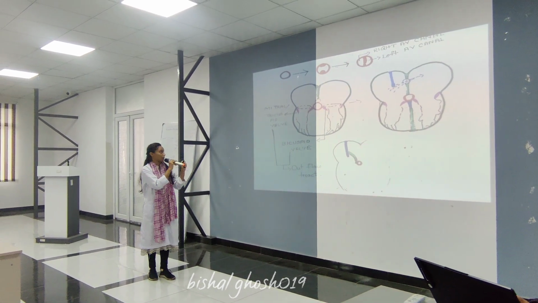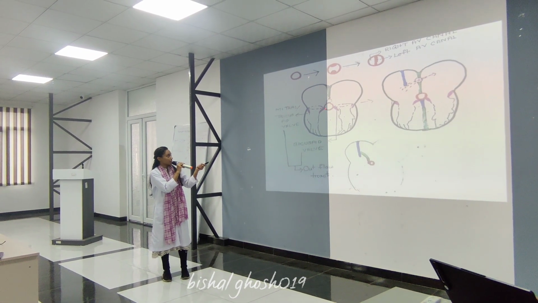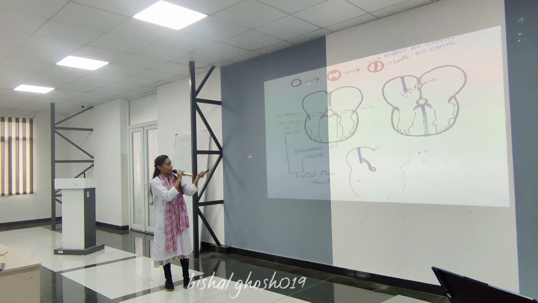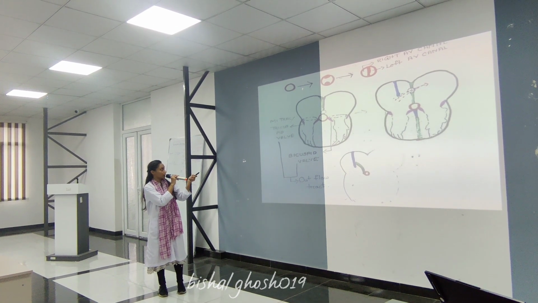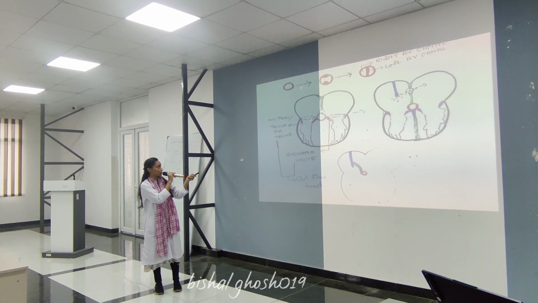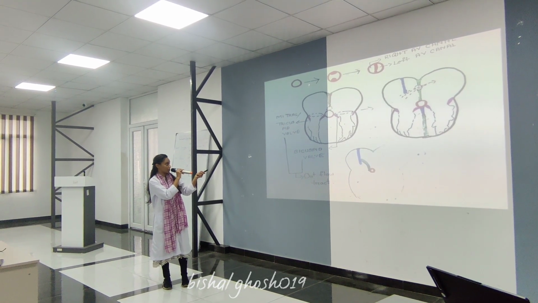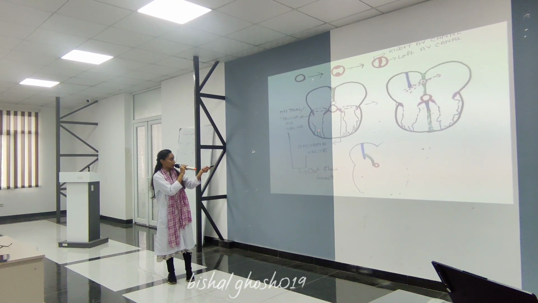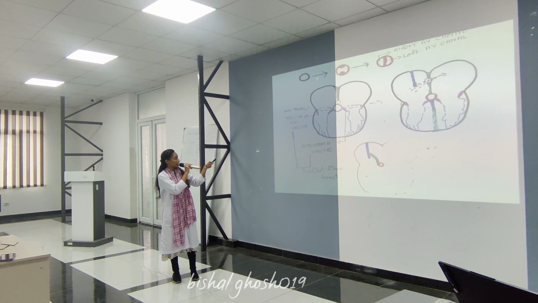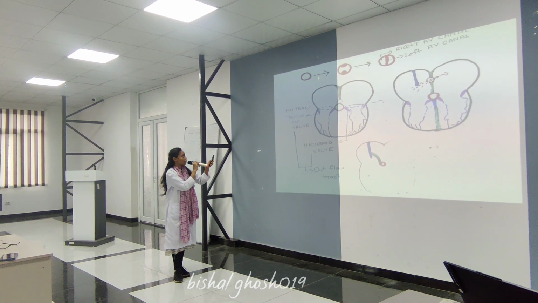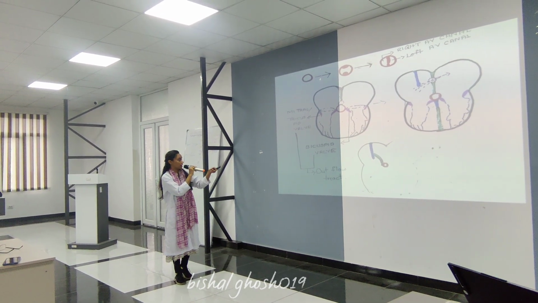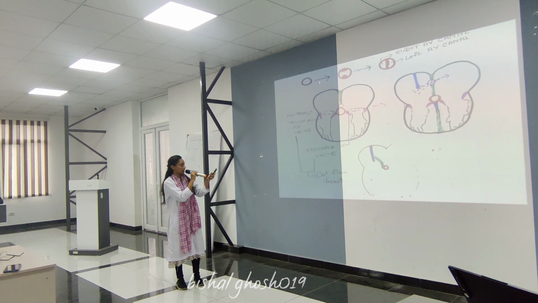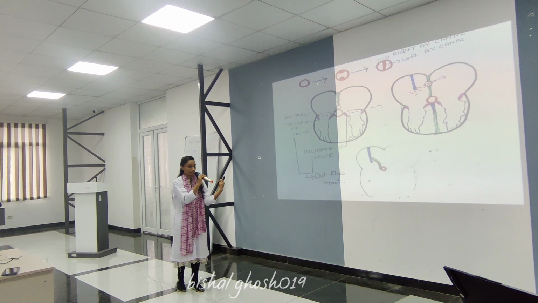Then we will know about valves. Septum intermedium will release some endocardial cells. These cells will be attached with annulus ring and chordae. They will form tricuspid valve and left bicuspid valve. They will help the outflow tract.